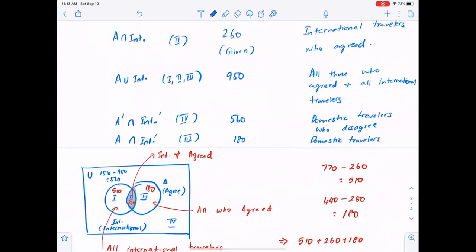The individuals are domestic travelers, and they agreed. It is "and" because we're doing intersection. So the meaning would be domestic travelers who agreed.